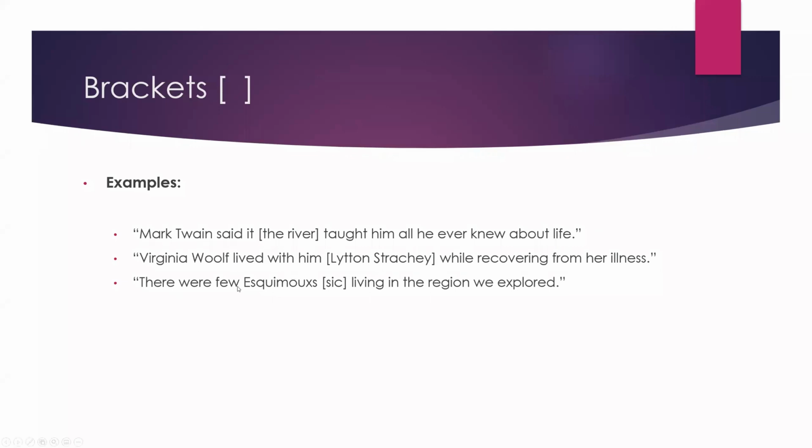Now, what's the error here? It is an error of spelling. It should be Eskimos, not this, whatever this word is, okay? So in order to indicate that, this was added to the text.